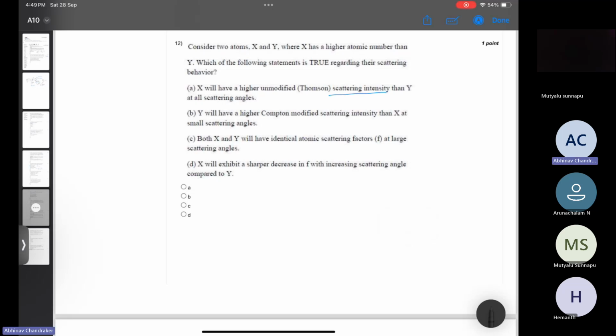So we can't directly say that X will have a higher unmodified scattering intensity than Y. We can say the atomic scattering factor will be higher, but we can't directly comment on the scattering intensity.